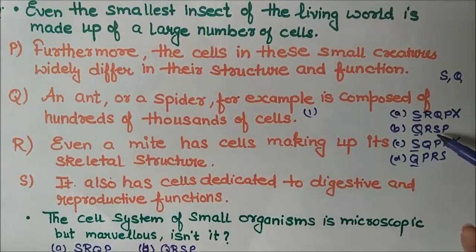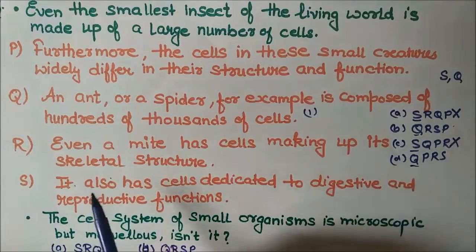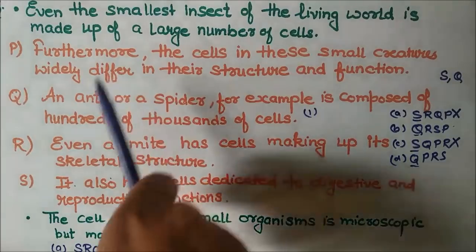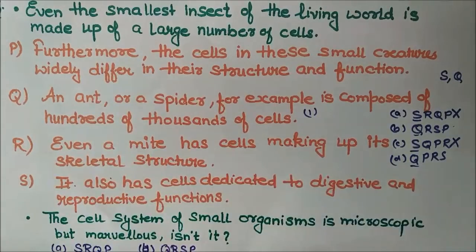Now let us see options B and D. After Q, statement R: "Even a mite has cells making up its skeletal structure." Or I can see P: "Furthermore, the cells in these small creatures widely differ in their structure and functions."